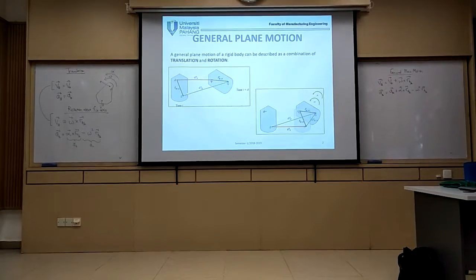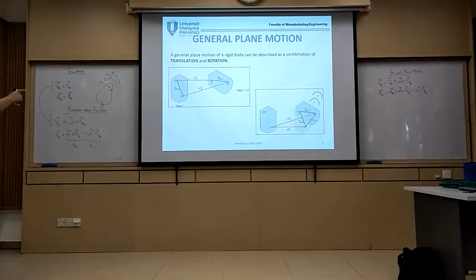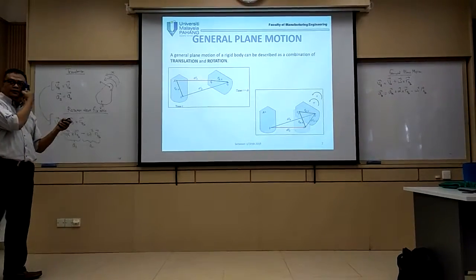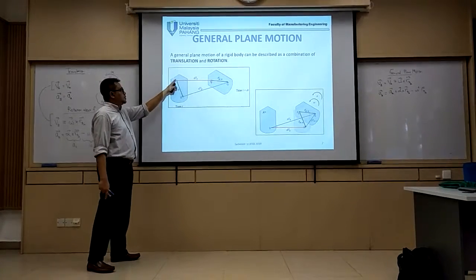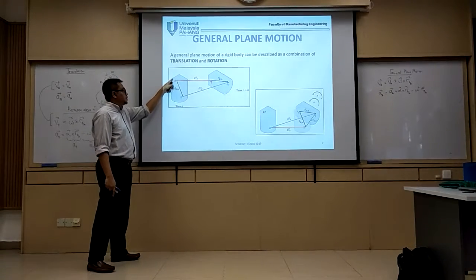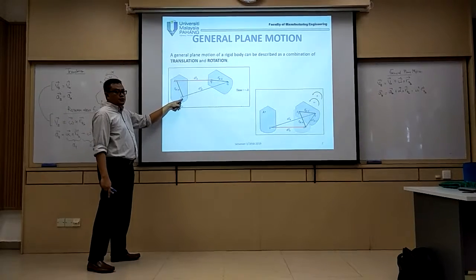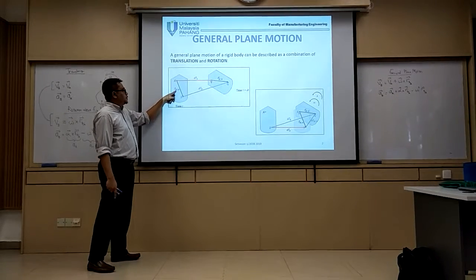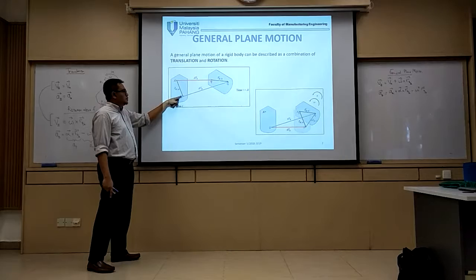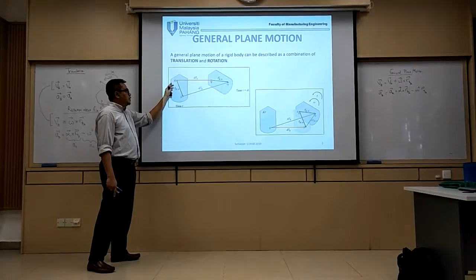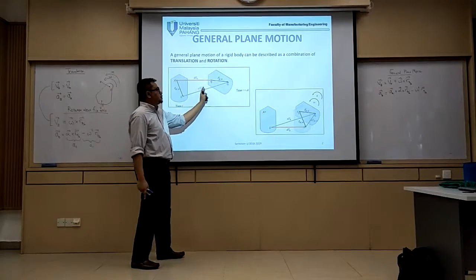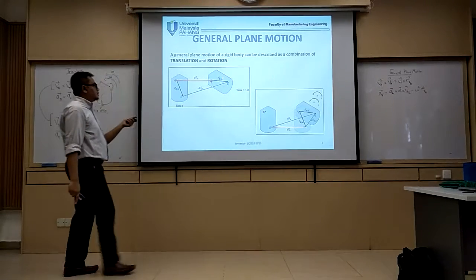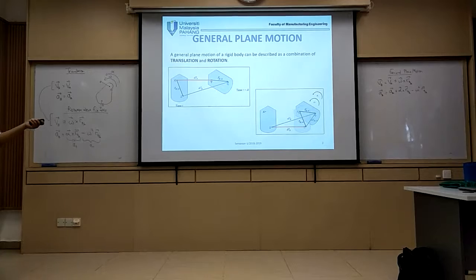This is the schematic view of how the general plane motion works. For example, at time t, this is the original position of the rigid body. This is point A and point B, and this is the position vector of B from A. Then at time t plus dt, it moves with general plane motion, so that the rigid body position is like this.